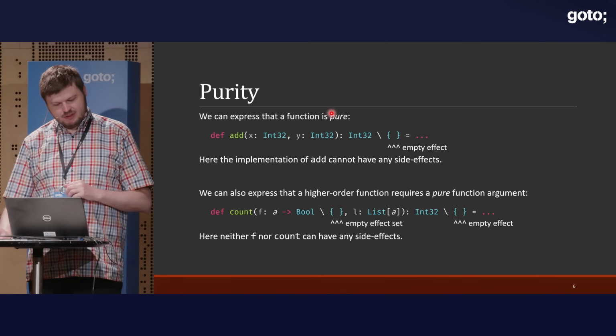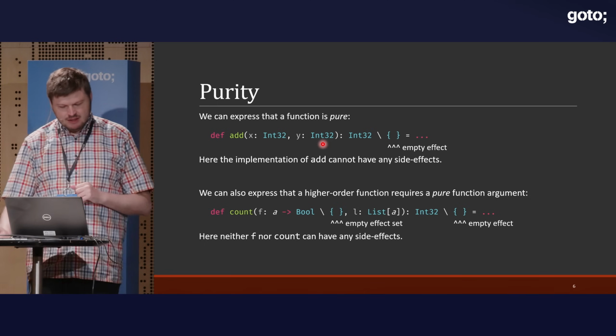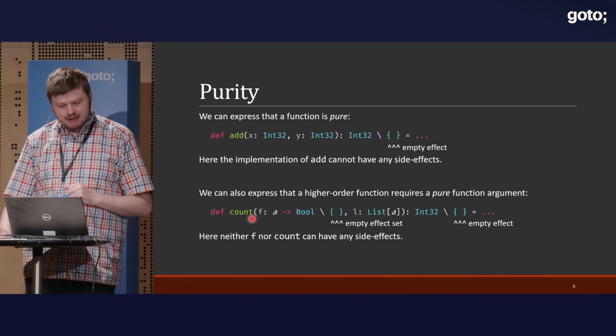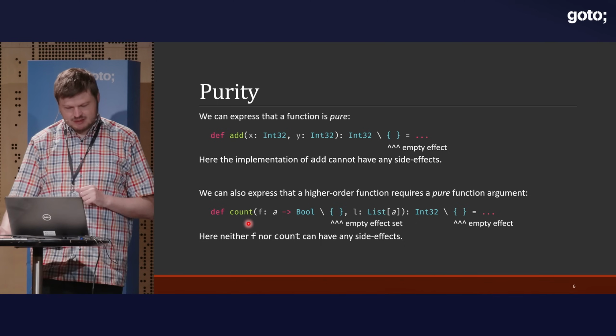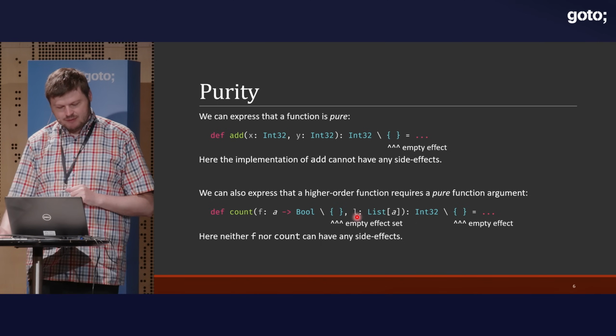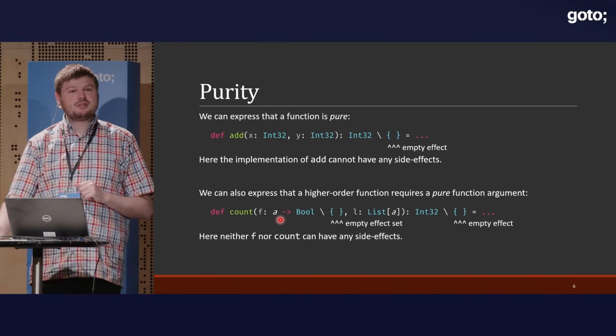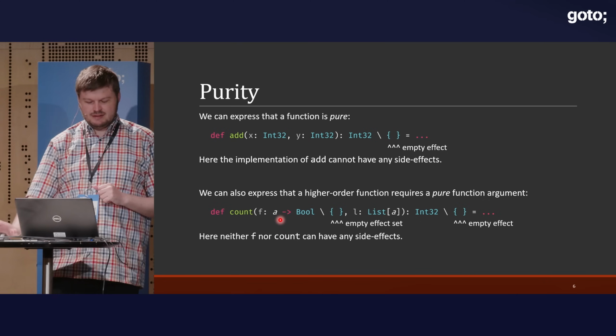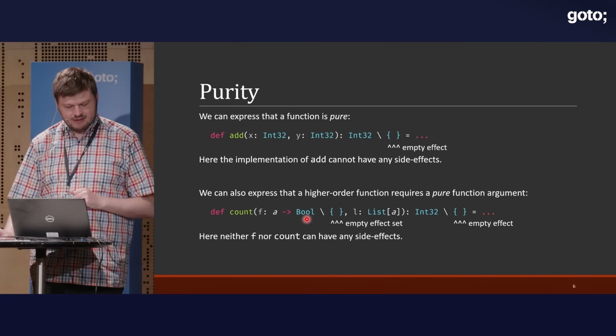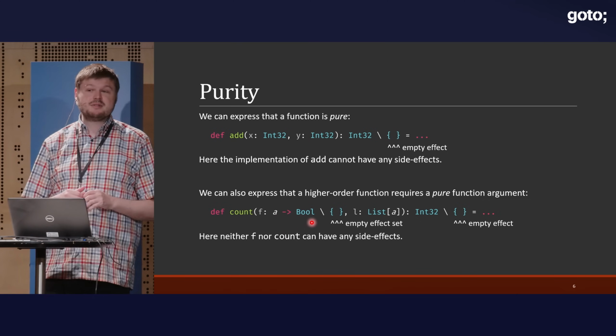Now in this case, this was what the function does itself. We can also have a function like count. What does count do? It's a little bit more complicated. Fundamentally, we have some list L, some elements A, and then we want to pass in a function and count how many elements satisfy this function, this predicate.